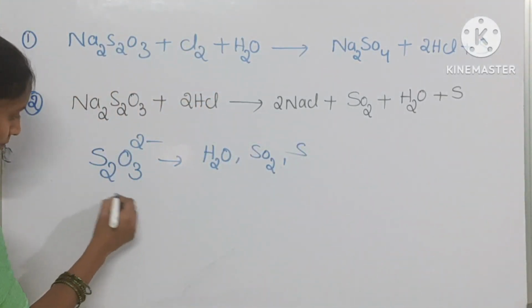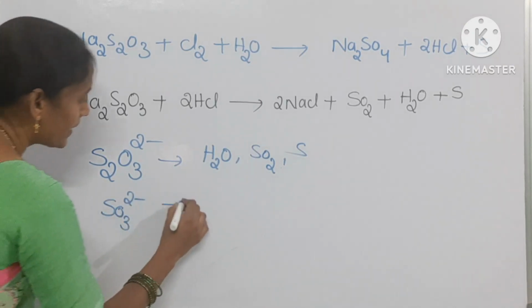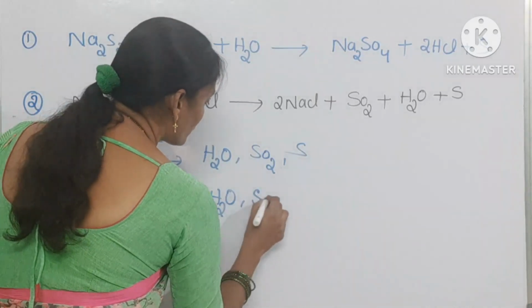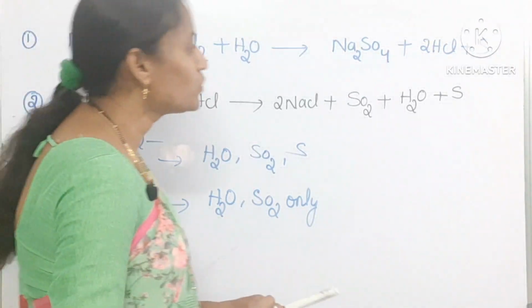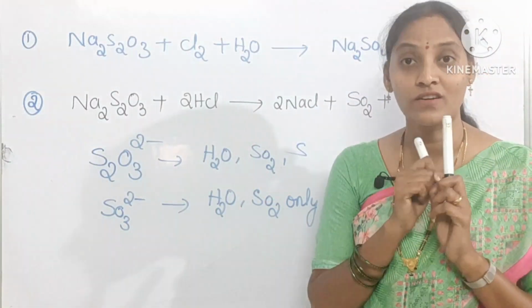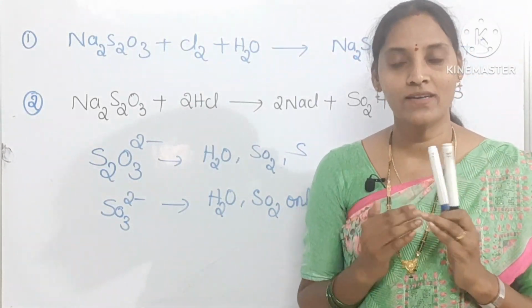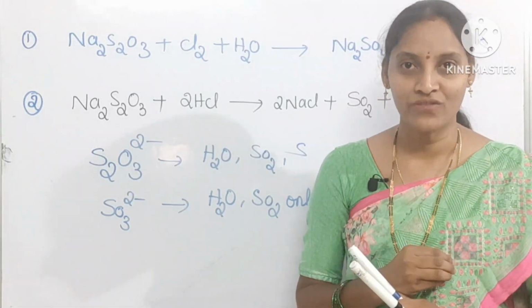If you take SO3 2 minus, the sulphite ion, it will form water and SO2 only. So by using this reaction we can easily distinguish between SO3 2 minus sulphite ions as well as thiosulfate ions.